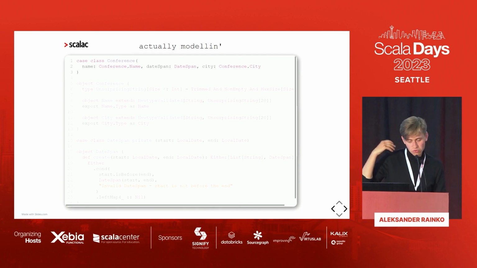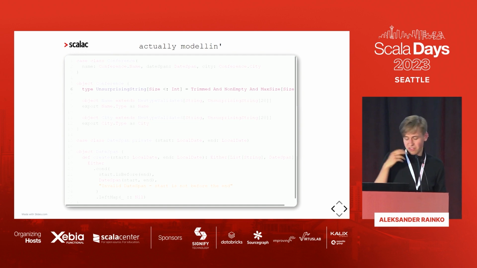So we are trying to model a conference, right? So once again, a conference has a name, it has a date span, and it has a city. So that's what the case class would look like, and inside its companion object would be the unsurprising string thingy that is basically a type alias for a lot of validations from refined.